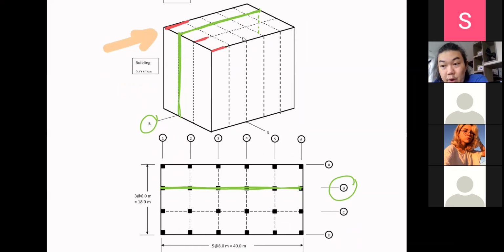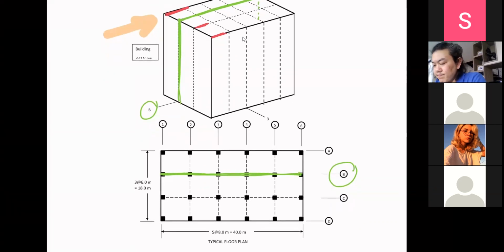What would be the tributary width for the frame in grid B, folks? Six. 6. Anyone else? Okay, 6 it is.